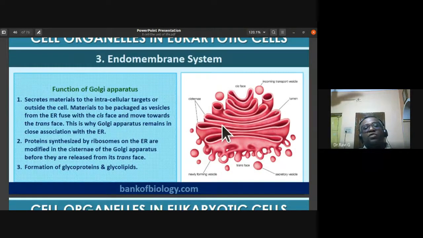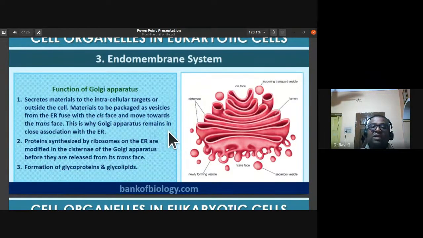Now the functions of the Golgi apparatus. They help in secreting material to intracellular targets or outside the cell, so materials are to be packaged. The Golgi apparatus is also called the packaging system. The materials to be packaged as vesicles from the ER, that is the endoplasmic reticulum, fuse with the cis face and move towards the trans face.